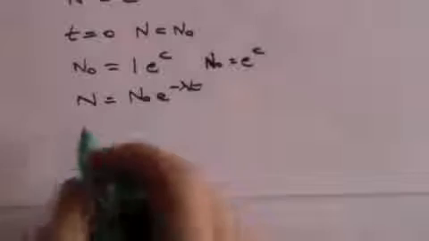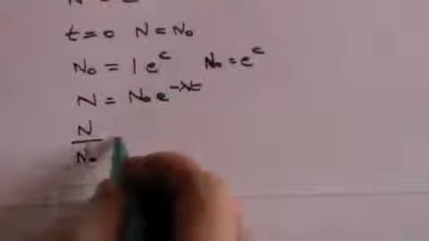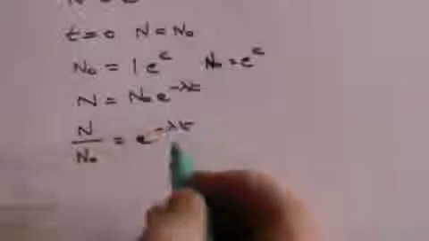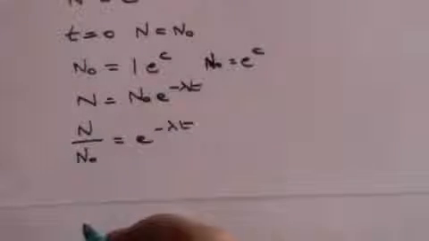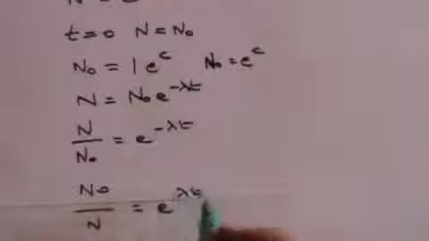This becomes N over N0 equals e to the minus lambda t, or, turning everything on its head, N0 divided by N equals e to the plus lambda t. Now let us consider what happens when N0 divided by N is 2.